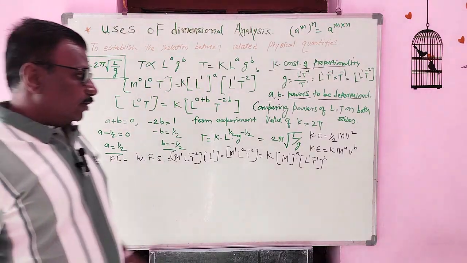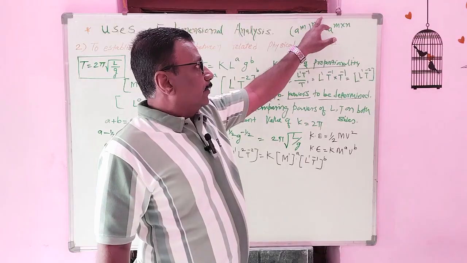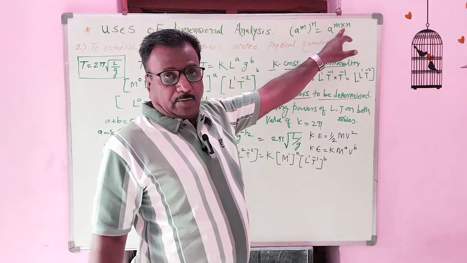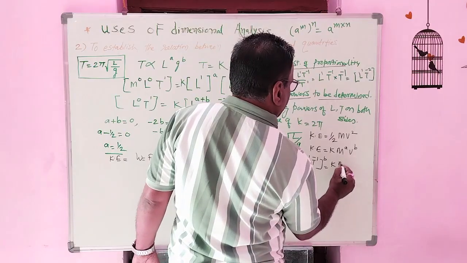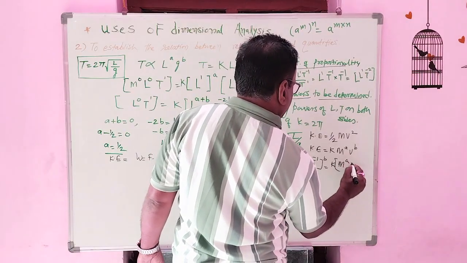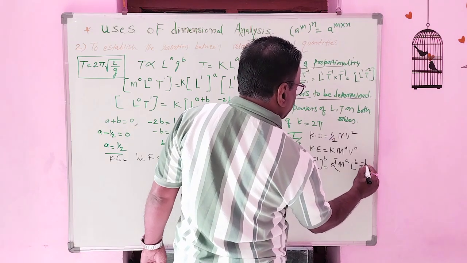Now again using the formula for indices, a raised to power m bracket raised to power n is equal to a raised to power m into n. So that is equal to K M raised to power a L raised to power b T raised to power minus b.